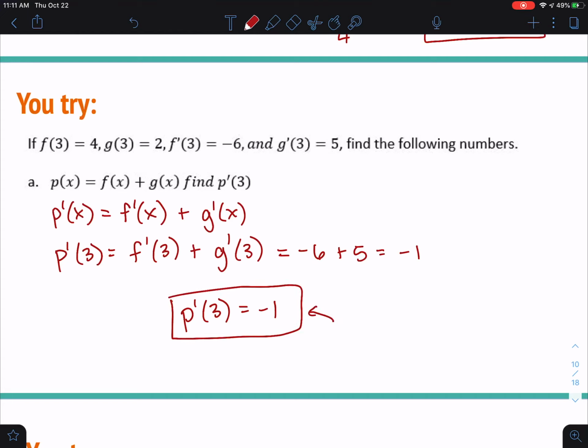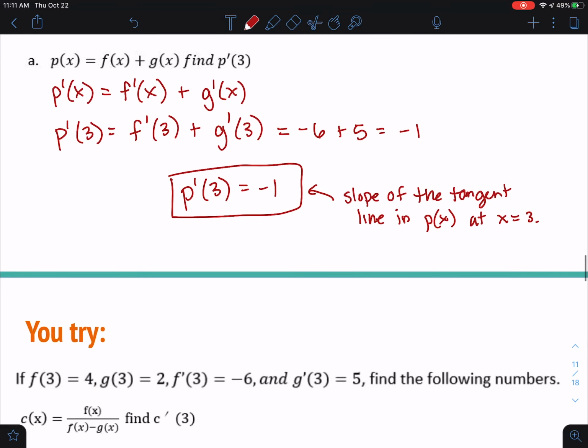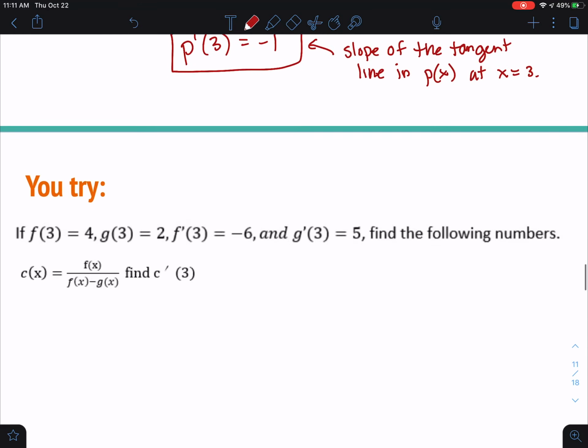Just a reminder, this is the slope of the tangent line in p of x, our new function, at x equals 3. You can also call this the instantaneous rate of change.